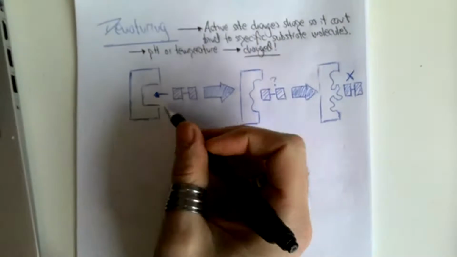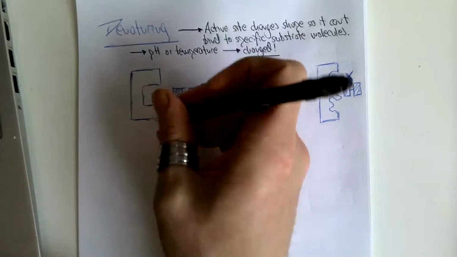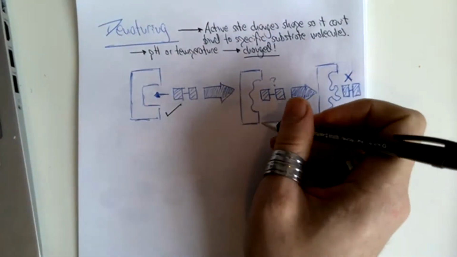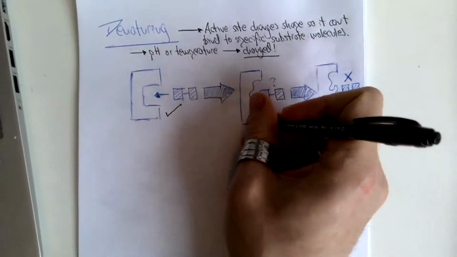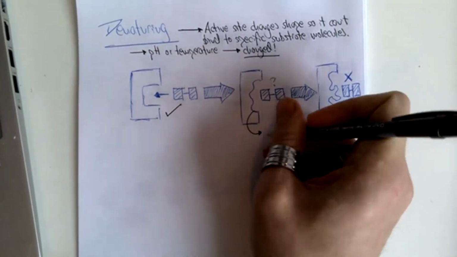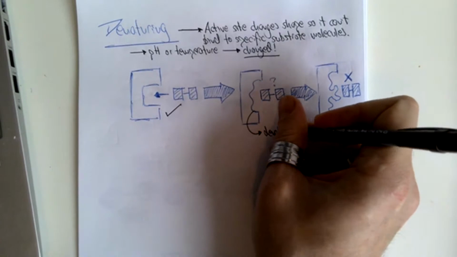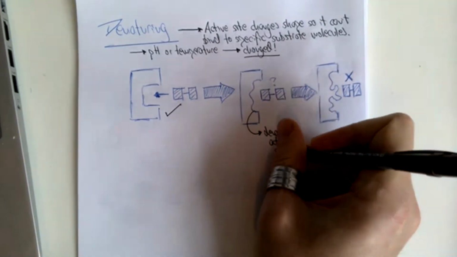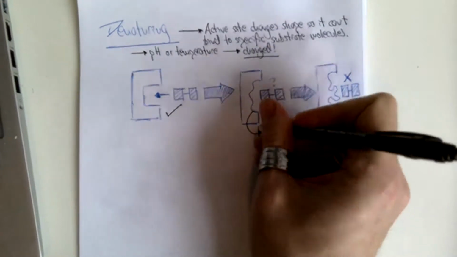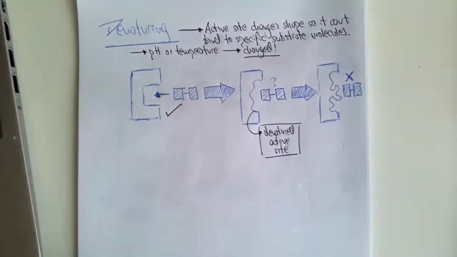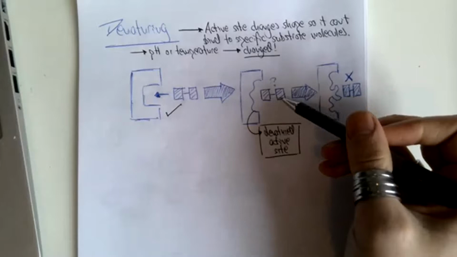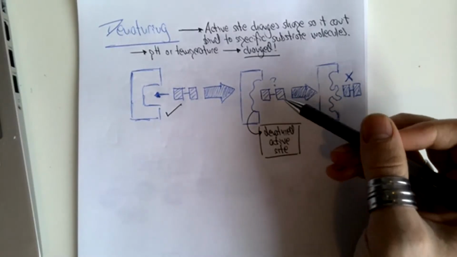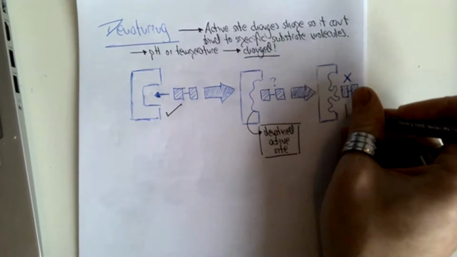So normally, a substrate molecule can bind to the enzyme and it works absolutely fine. However, if it undergoes denaturing, so this is a denatured active site, the enzyme can't bind to the substrate molecule. So that means products can't be formed.